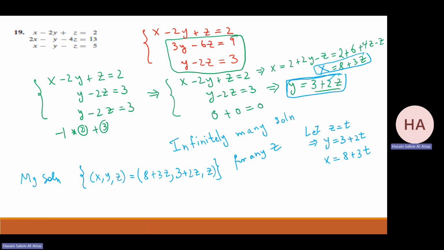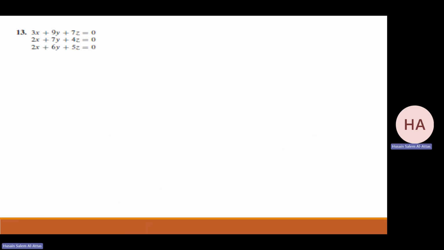Okay. Let me move to another problem. This one. Look at this one. There is no way to make the first coefficient as 1. So we need fractions to solve the problem.